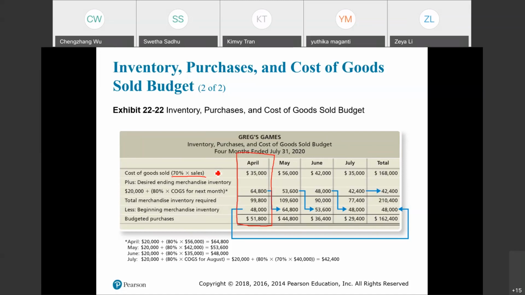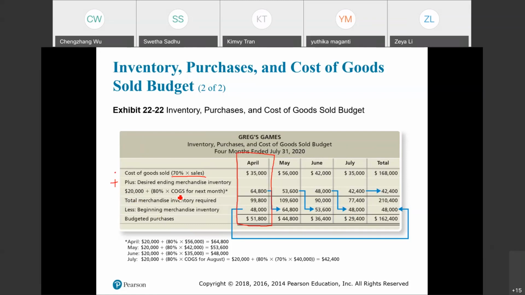Okay, next, COGS plus desired ending merchandising inventory. The predetermined rate for ending merchandising inventory is defined as $20,000 plus 80% times COGS for the next month.